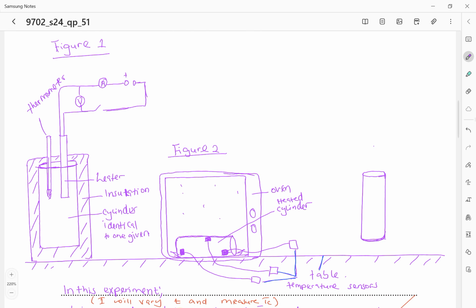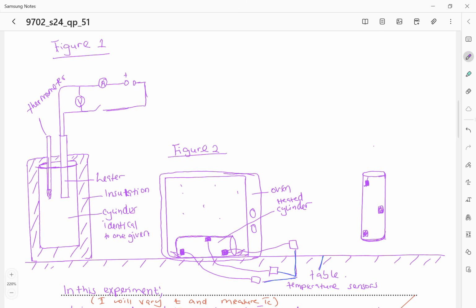So let this be the cooling cylinder. Remember, it has temperature sensors, so I have to put back the temperature sensors. But this must be put in insulation, so I have to put an insulating material around.